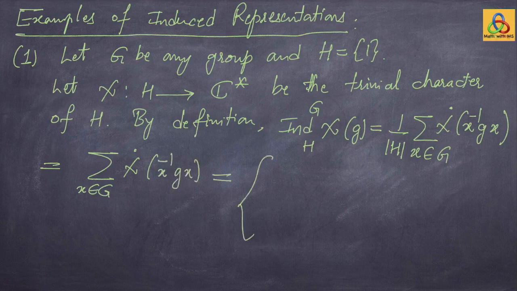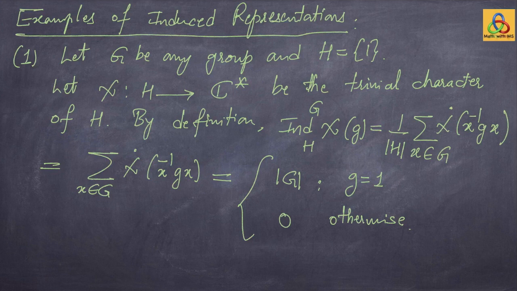Now chi dot of x inverse g x is chi of x inverse g x if x inverse g x is in the subgroup H, equivalently x inverse g x is the identity element, equivalently g is the identity element. So if g is the identity element, this value is chi dot of 1, which is just 1 added group many times. So this is the order of the group G, and 0 otherwise.